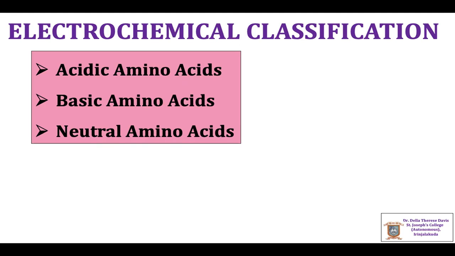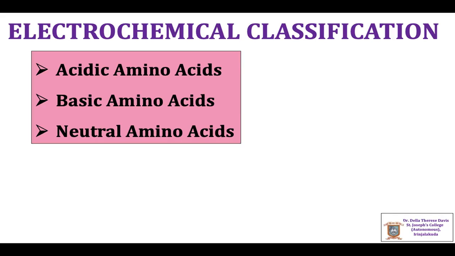In electrochemical classification, amino acids are classified into acidic, basic, and neutral amino acids. As the name indicates, acidic amino acids have enhanced acidic character due to the presence of an additional carboxyl group in the side chain, in the R group, R side chain.